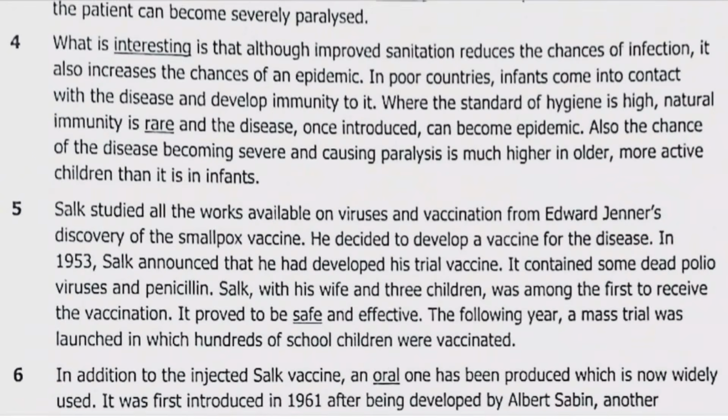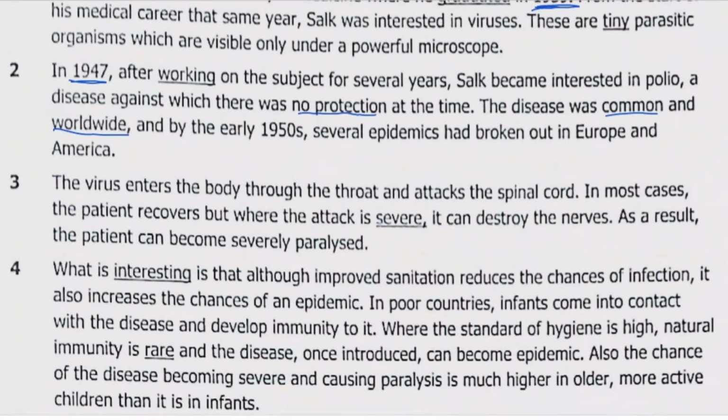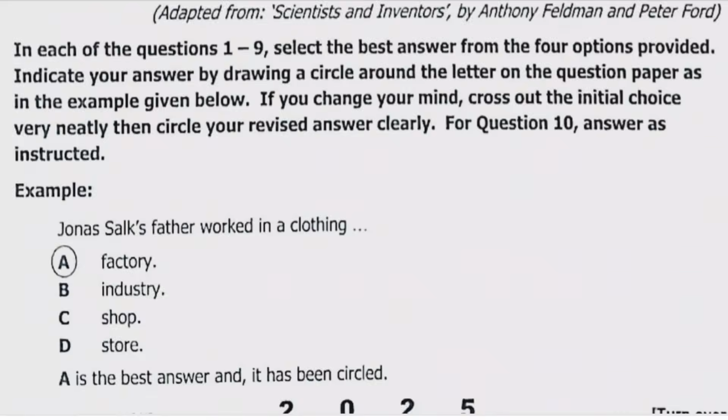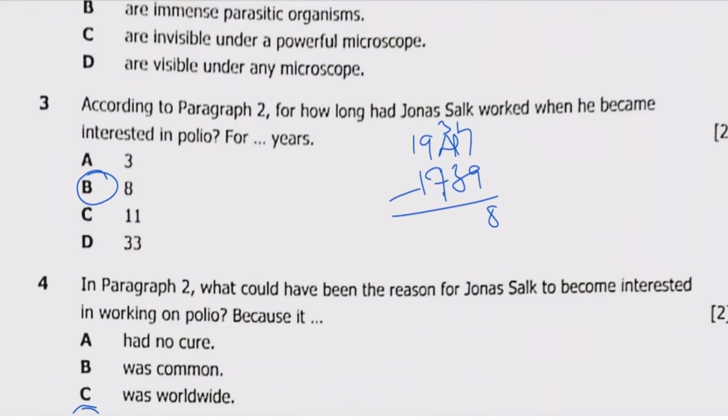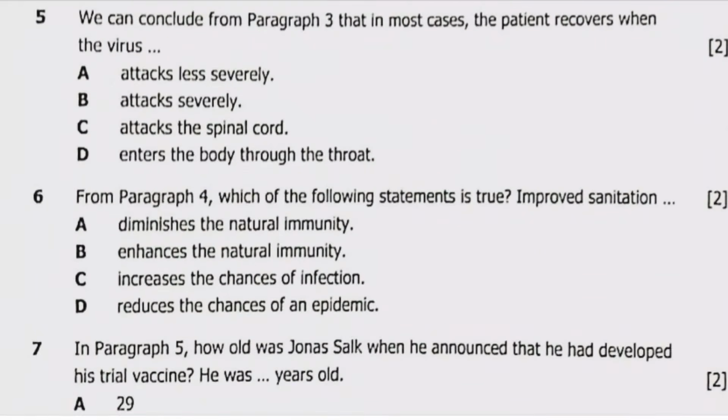In paragraph 3 we are told that the patient can become severely paralyzed, but where the attack is severe, it can destroy the nerves. So when the attack is less severe, the person can recover. So we put A there.